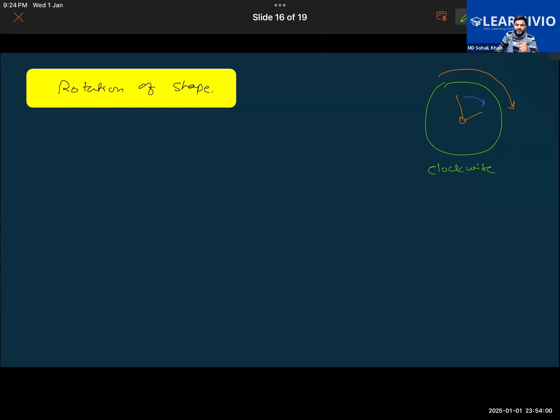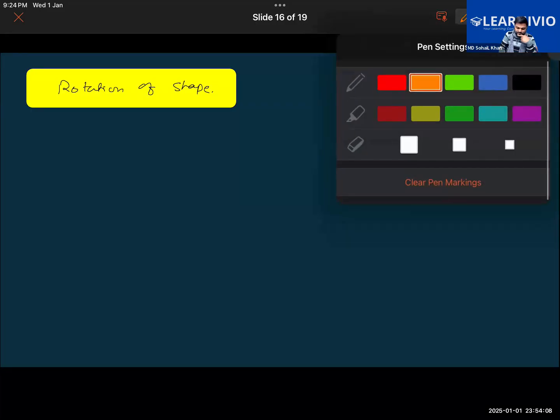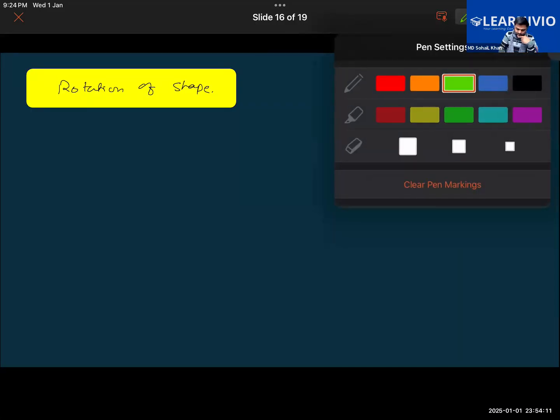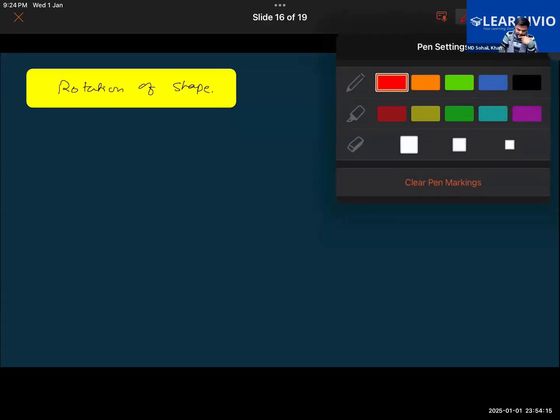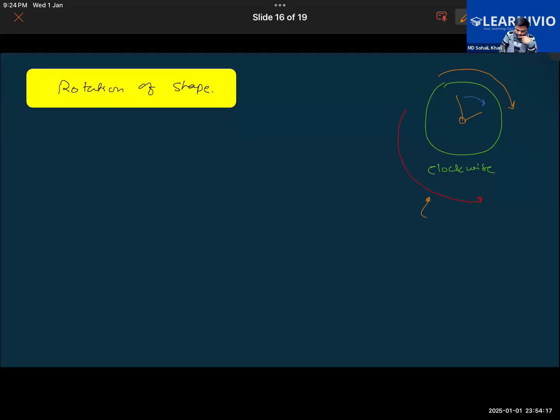And anything that will be moving opposite to this direction, that will be called as anti-clockwise. Got it now? That is called as anti-clockwise or counterclockwise.